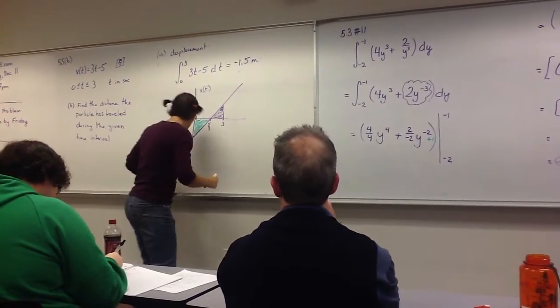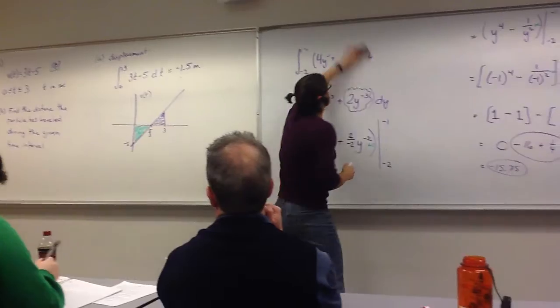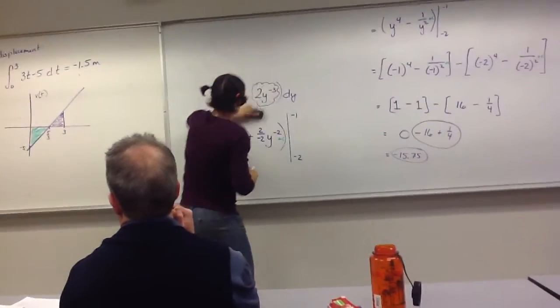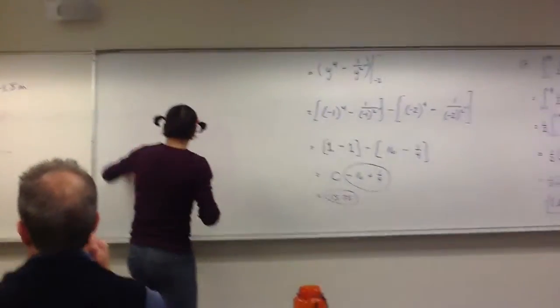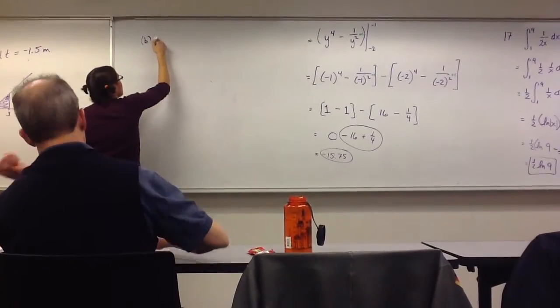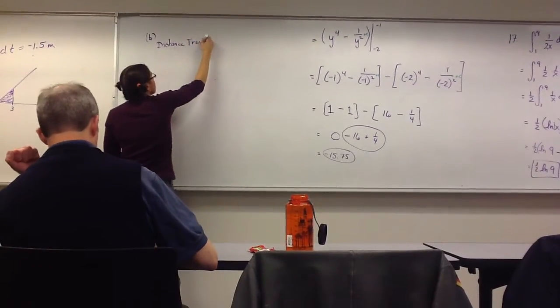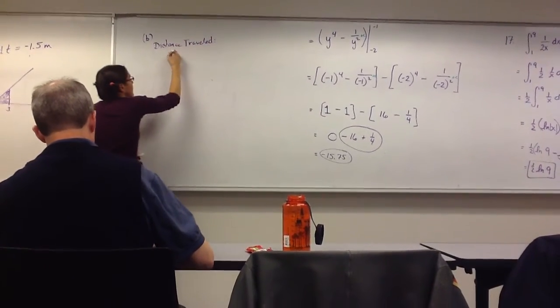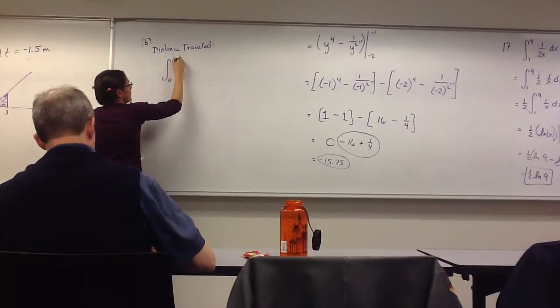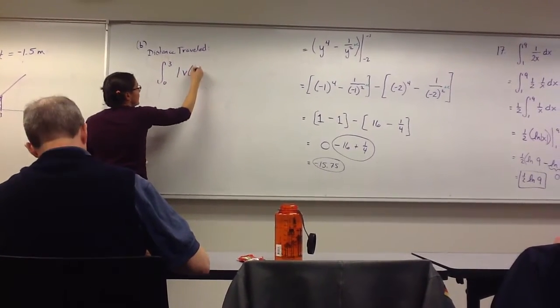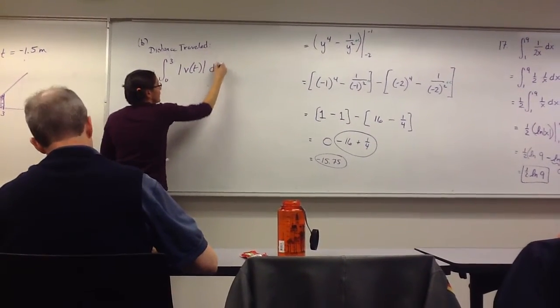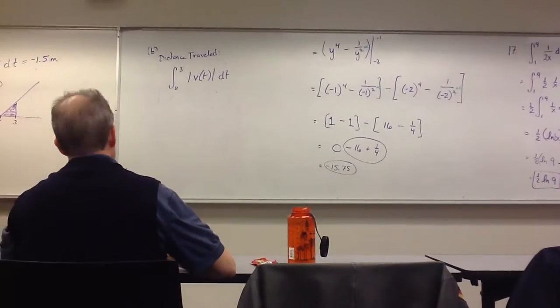So algebraically, our distance traveled will be the integral from 0 to 3 of the absolute value of v of t dt.